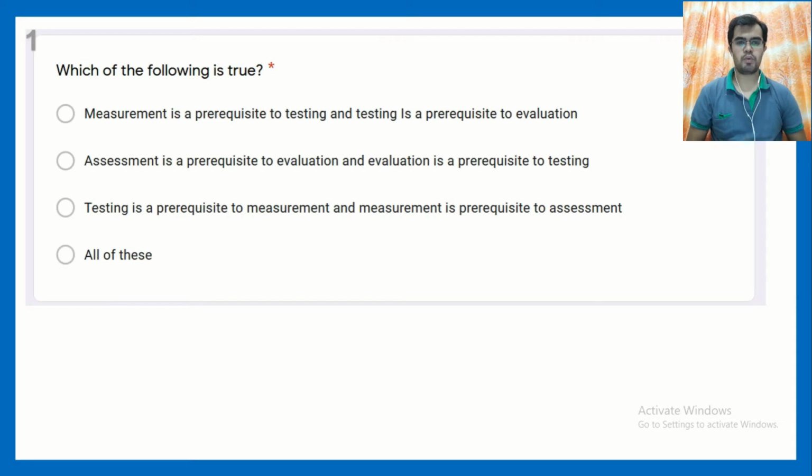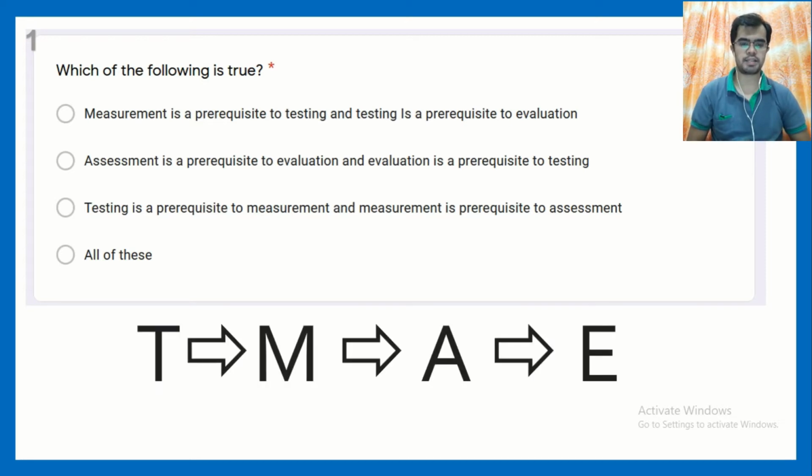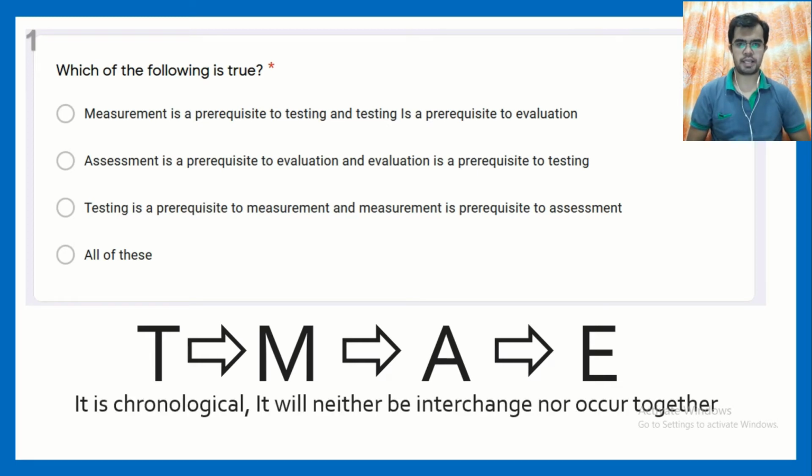Number 1. Which of the following is true? This question is associated to the TMAE, or the test, measurement, assessment, and evaluation. Their relationship is chronological, and they will neither be interchanged nor occur together.